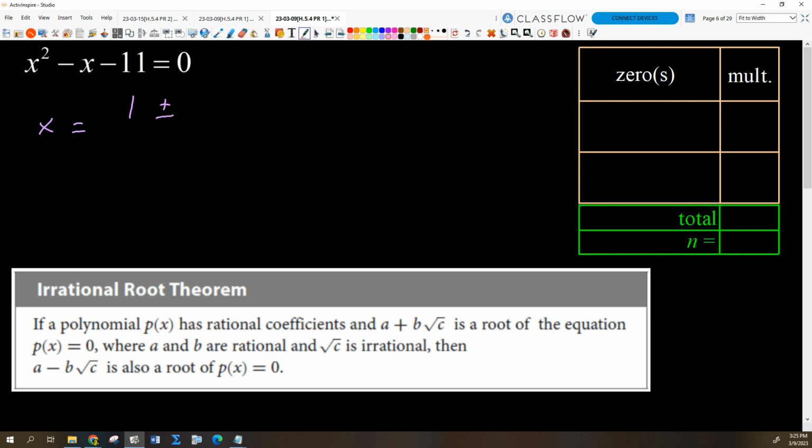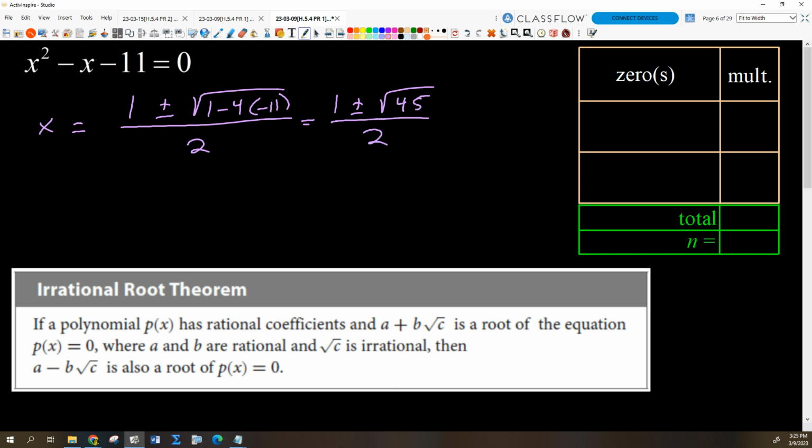Plus or minus square root. -1 squared is 1. Minus 4 times 1 times -11, all over 2. So that's giving me 1 plus or minus the square root of 45 all over 2. Everybody agree?